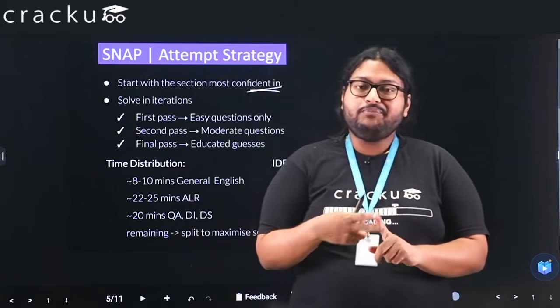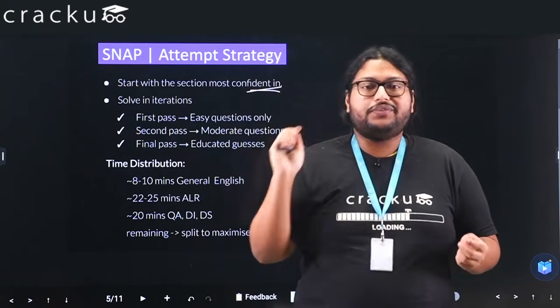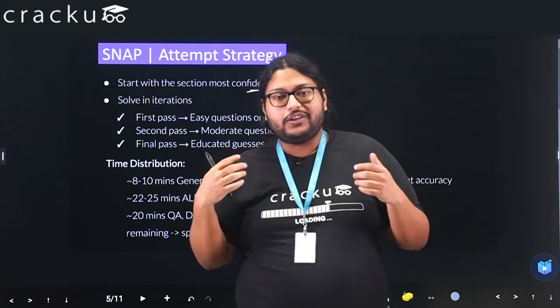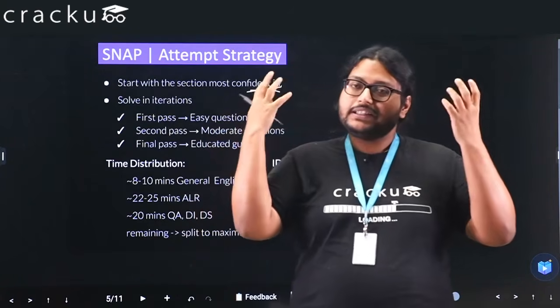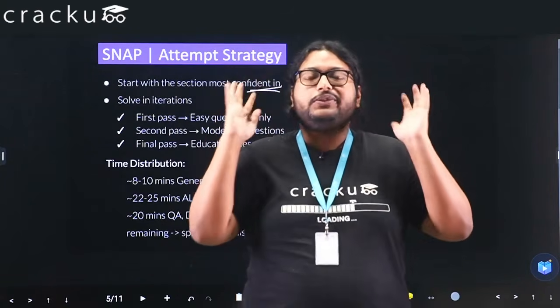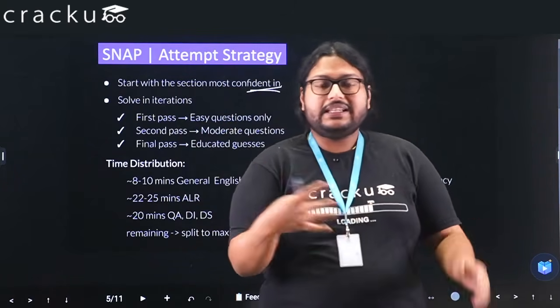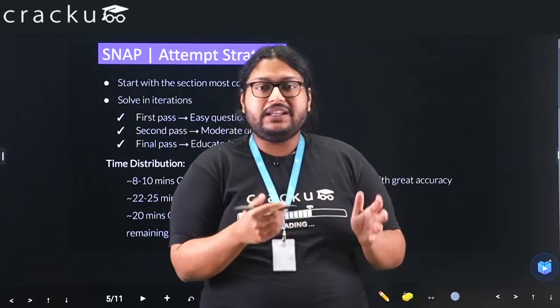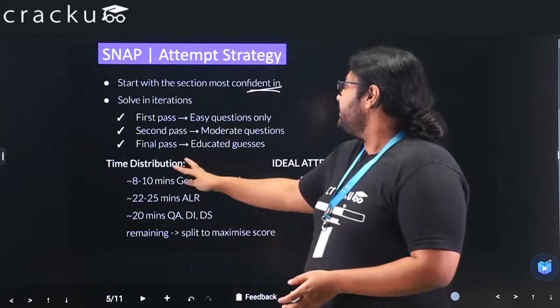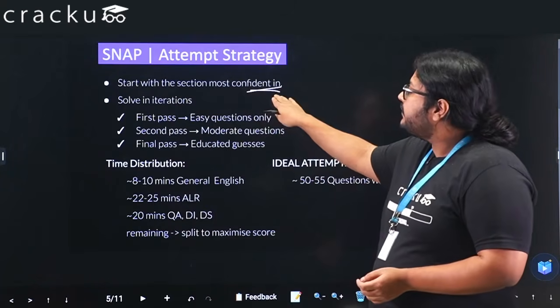And secondly, it will give you a confidence boost. You'll think, okay, I'm able to solve a lot of questions, so I'll be able to do well in the exam. That attitude is pretty important in exams. If you believe that you can do well, you can actually do well. So always start with the section that you're most confident in.